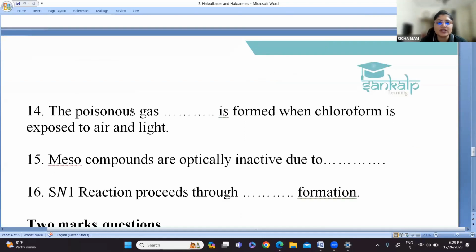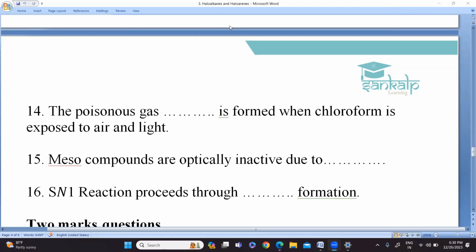Next question. The poisonous gas dash is formed when chloroform is exposed to air and light. Which is the poisonous gas? It is very important.